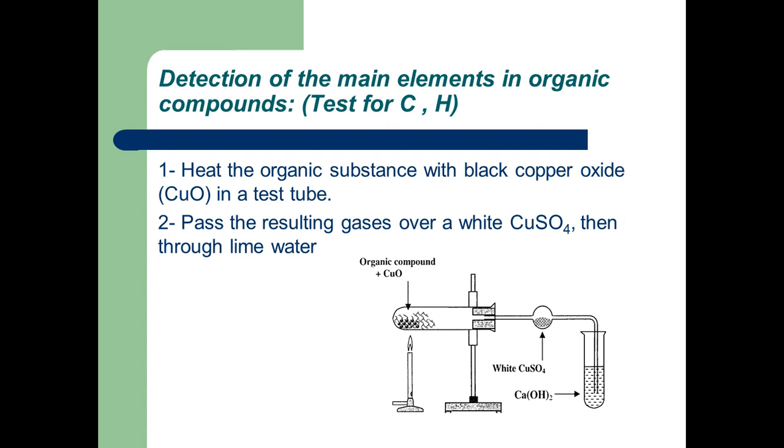Copper sulfate is white, but it can change into blue. How? When water vapor passes over it, it absorbs the water vapor and changes from white to blue, and this will happen.